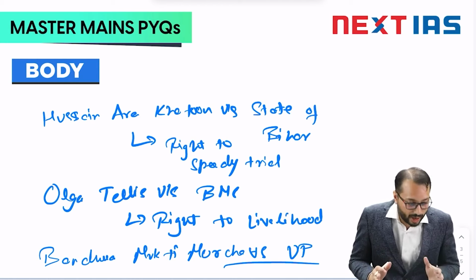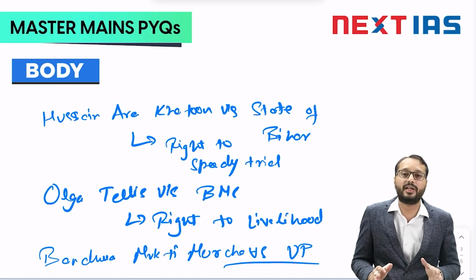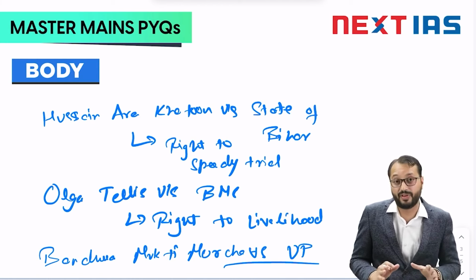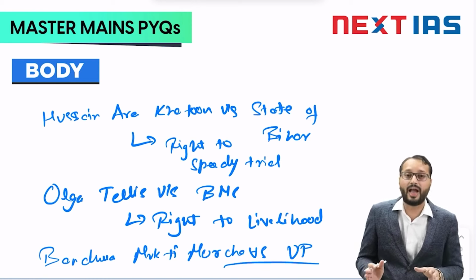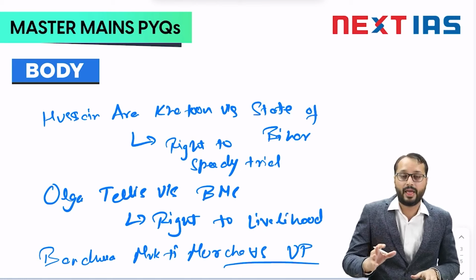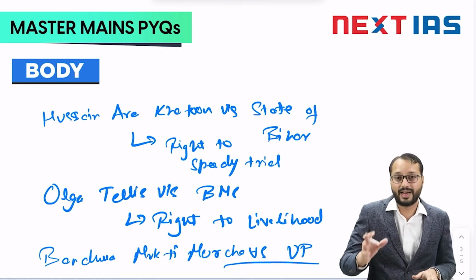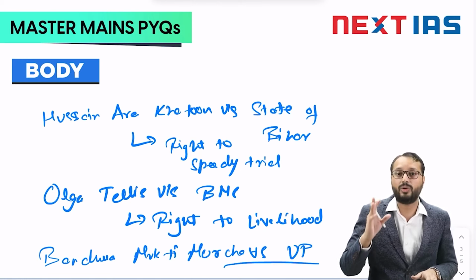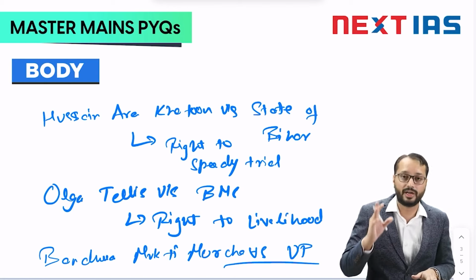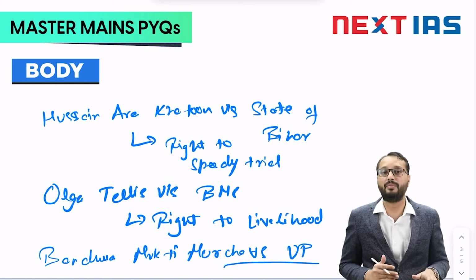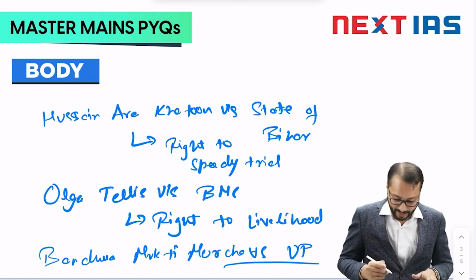The court also highlighted that Article 21 derives its life and breath from various DPSP provisions like 39, 41, 42. The court said that right to life with human dignity of workers' children is a very important component under Article 21. So this is again a very important judgment for the expansion of Article 21.